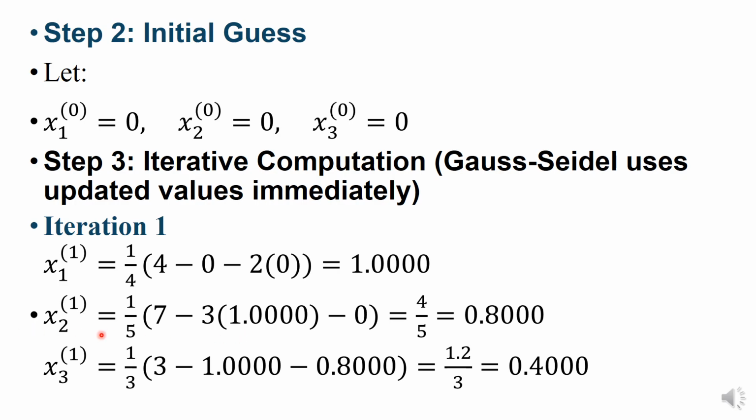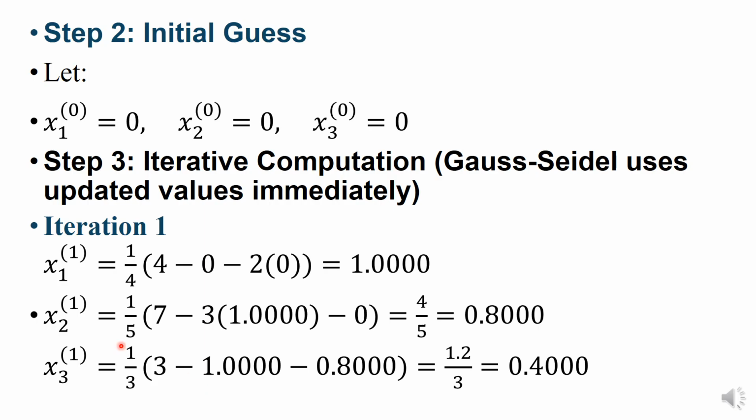If we have found x2, then immediately we put the value in x3, not wait for the other iteration. This is the main purpose of the Gauss-Seidel method. If we have found x1 and x2, we do not wait for another iteration, we can put them in the variable which we want to find.